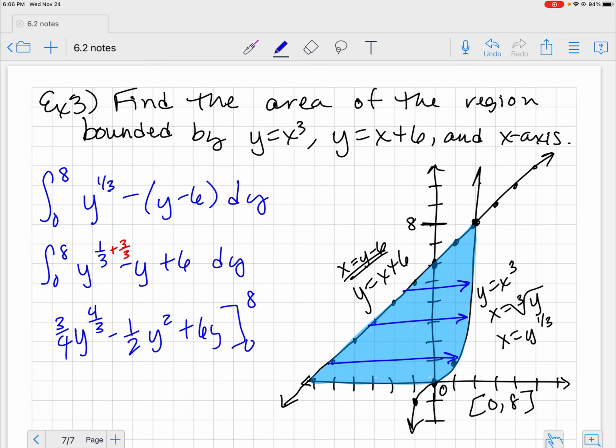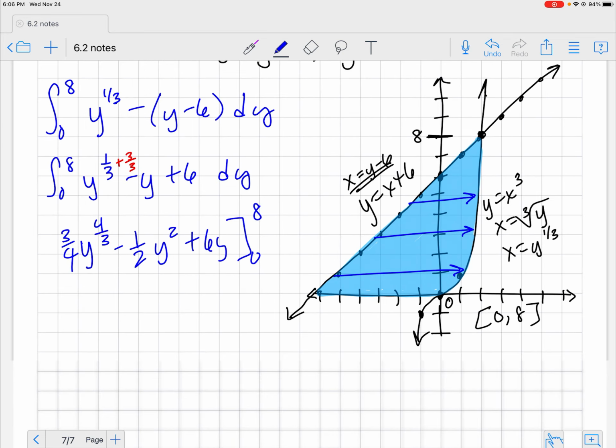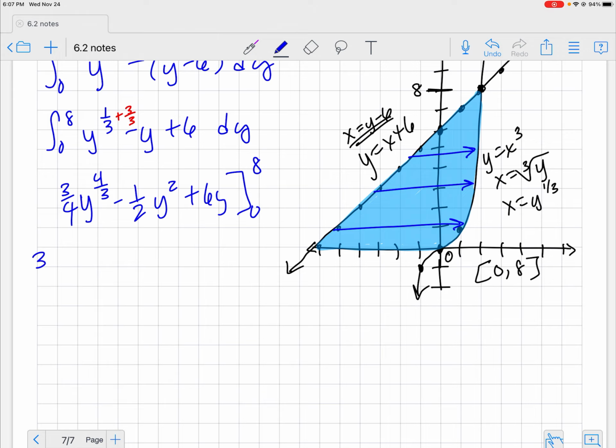You see that? And then you just plug it in. So I've got 3/4 times 8 to the 4/3 minus 1/2 times 8 squared plus 6 times 8, and I'm just going to say minus 0 because that's a y. If you plug a 0 into all of these y's, you'll get 0. So I'm okay with you just writing that.